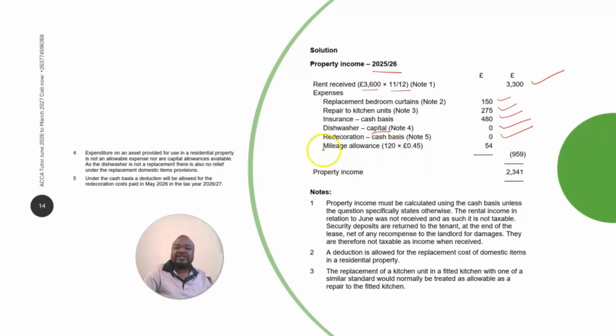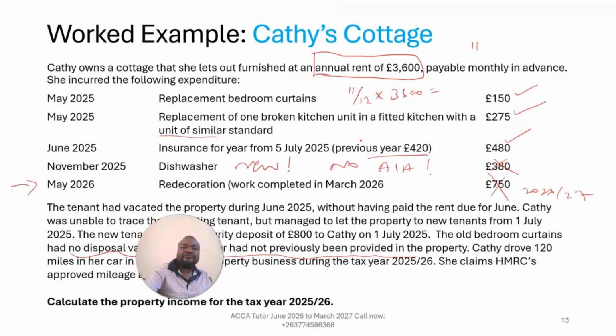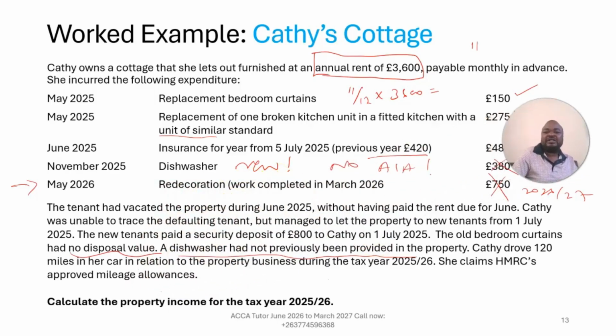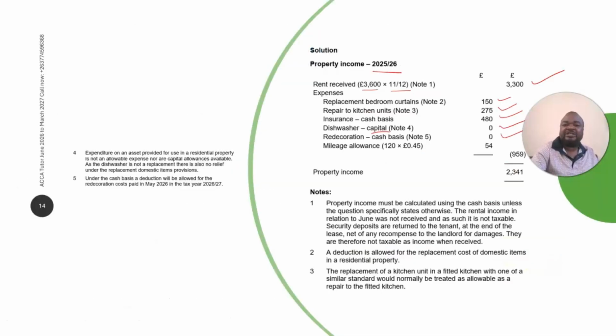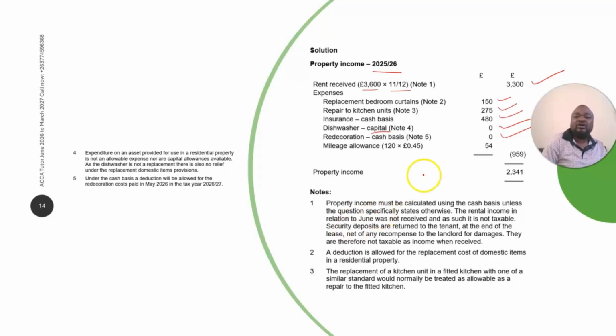The mileage allowance. This lady traveled how many miles? According to the question, she traveled 120 miles relating to the property business. So every expenditure that is related to the business is going to be allowable. But because these are mileages, we are entitled to 45 pence for the first 10,000 miles.